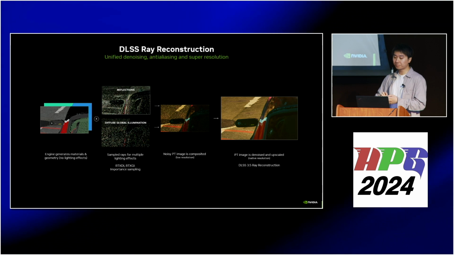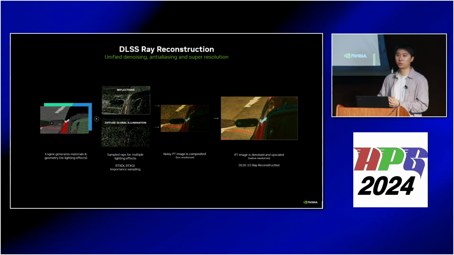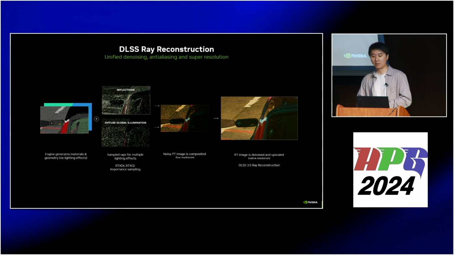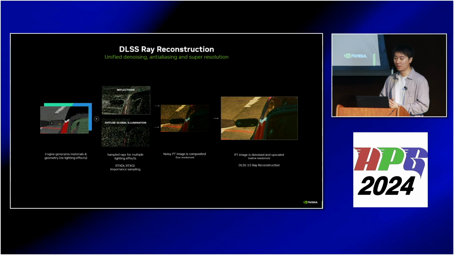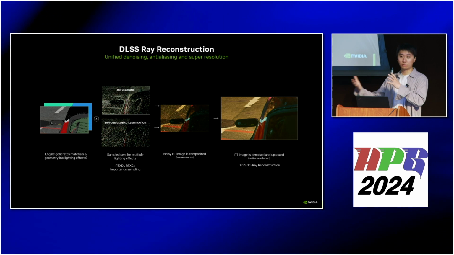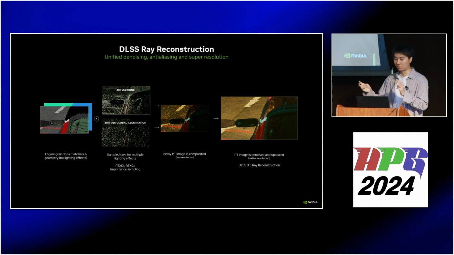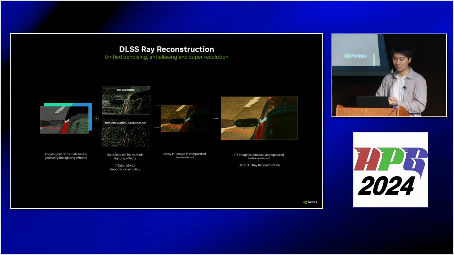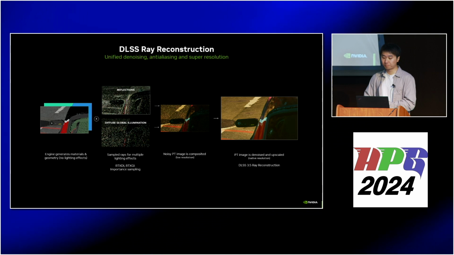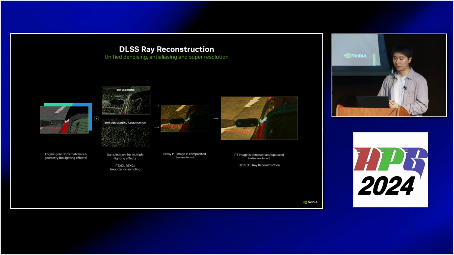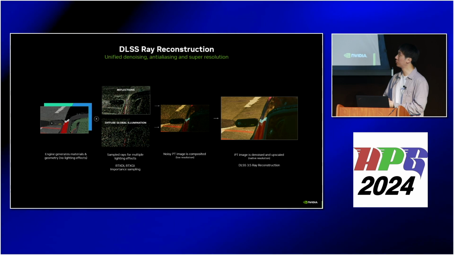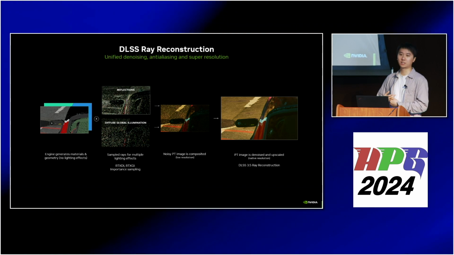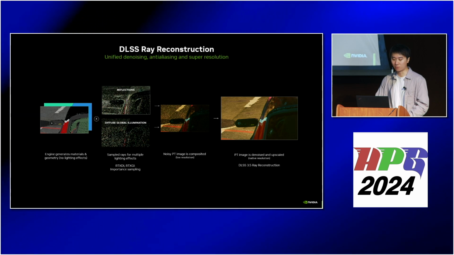Ray reconstruction will take this type of input and give you the high resolution, aliasing free, and smooth output. Because the ray reconstruction model does it end to end, using AI models, all the information it needs to perform both denoising and upscaling is present, so that we get properly reconstructed high-resolution signals. Also notice that ray reconstruction removes all the denoisers. So whenever your existing denoisers in your games are really expensive, you also get some performance benefit as well.